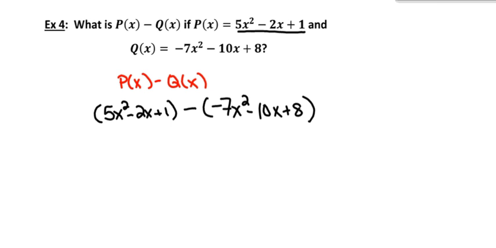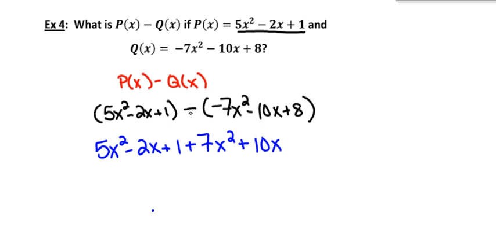So again, I've got to distribute that minus symbol to the second set of parentheses. So I'm going to leave everybody in the first parentheses alone. But a minus times a minus is a positive. A minus times a minus again is a positive, so a plus 10x. And a minus times a positive is a minus.